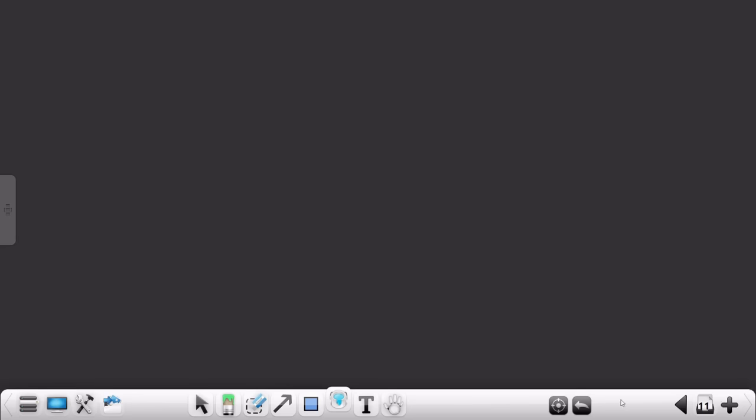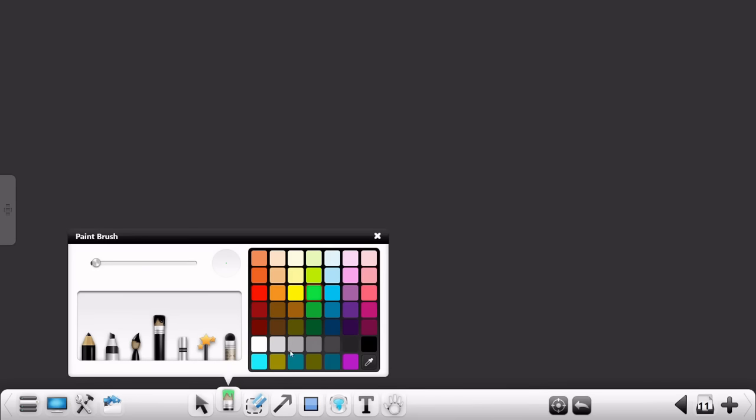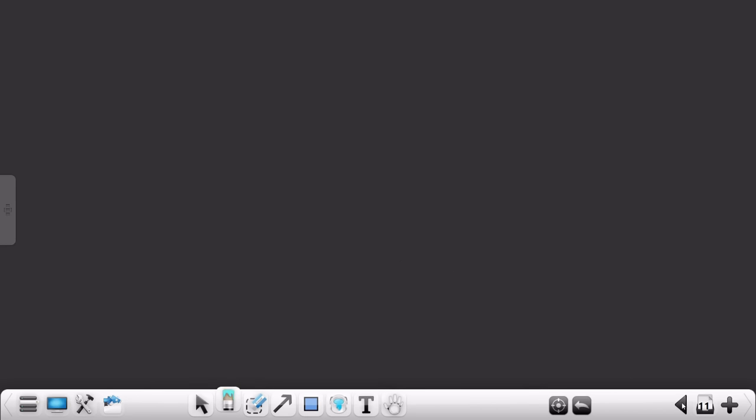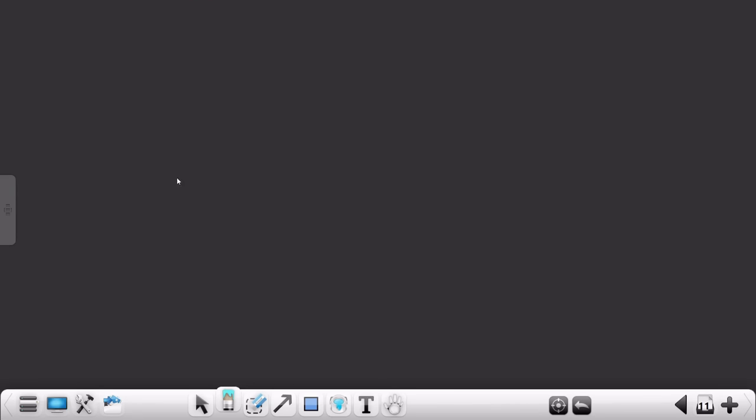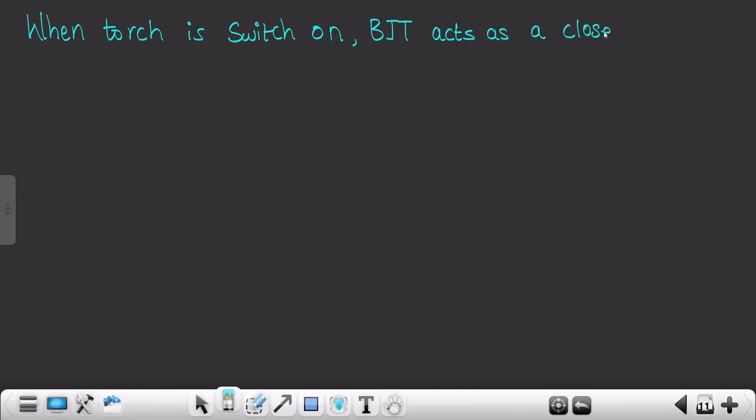That means this LED is going to be on. Let me just write over here. Let me check what points I had written in the previous cases. Okay, so when the torch is switched on, the BJT acts as a closed switch.